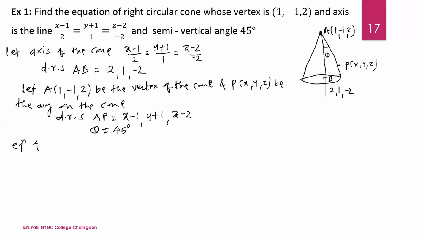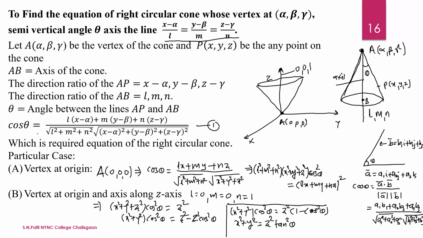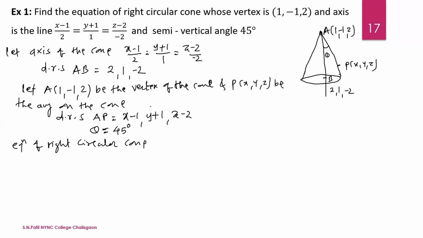Then the equation of the right circular cone: we have the formula. cos theta is equal to the dot product of the DRs of the axis and the DRs of AP, divided by their magnitudes.